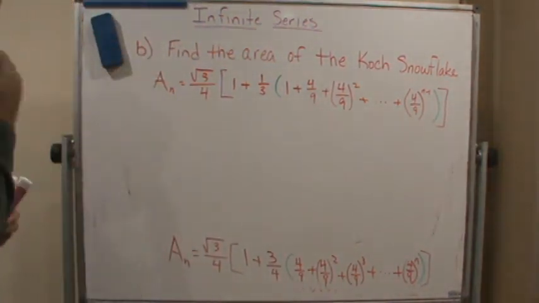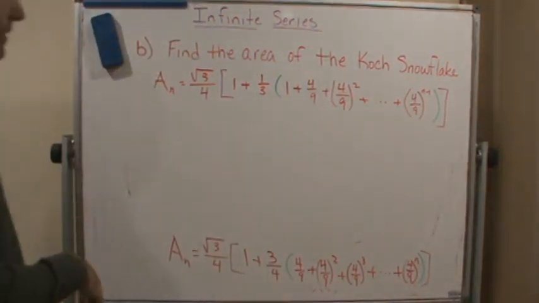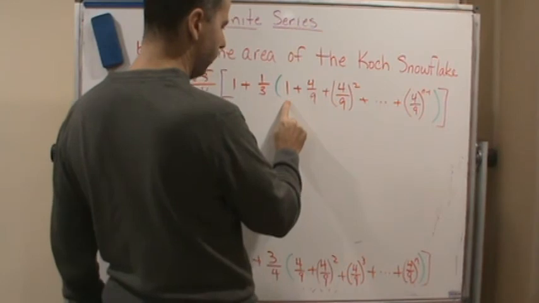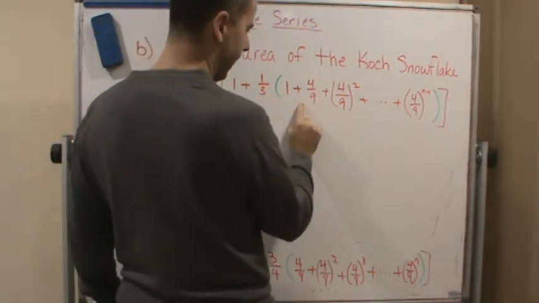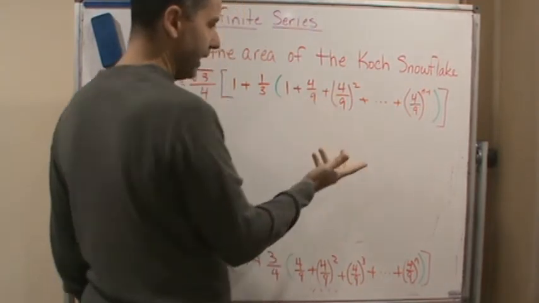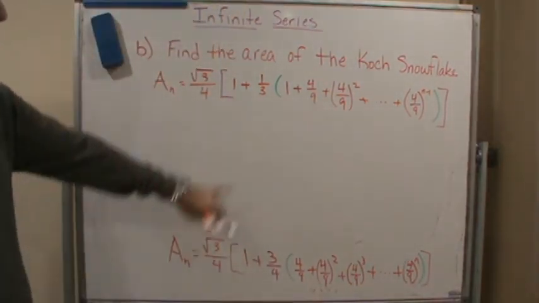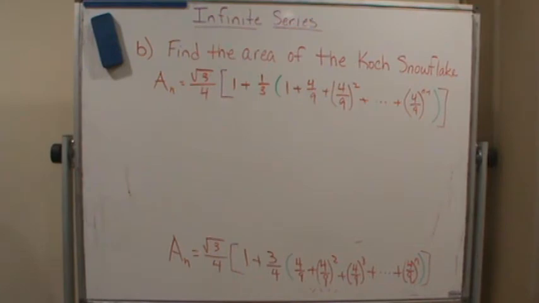Now we can write this as a geometric series, because now we've got the A. Here's our A, and what's the common ratio? 4/9. So we know this is going to be a convergent geometric series, because r is less than 1. So now, how do we solve for this?